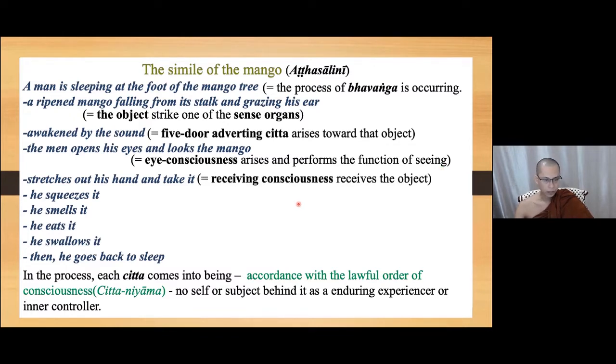Then, similar to the stretching out of his hand to take the mango, the receiving consciousness arises and receives the object. Then, similar to the man squeezing the mango, the investigating consciousness arises and investigates the object.